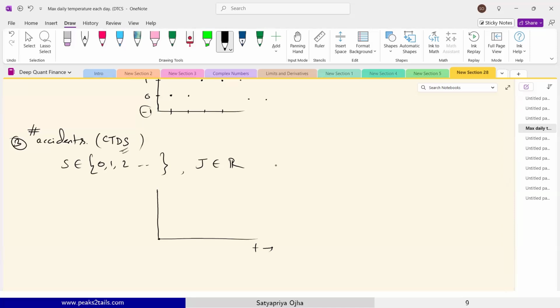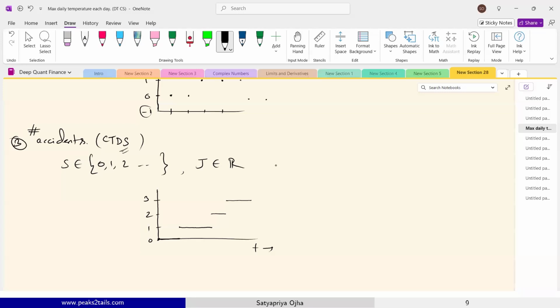So you start from 0 and then you keep track of the count, right? So it will go like this, 0. Then suddenly there is an accident, so your count goes up. So this is 1, 2, 3. This is 0. It jumps. No accident, no accident. Another accident. Another immediate accident. Step function.